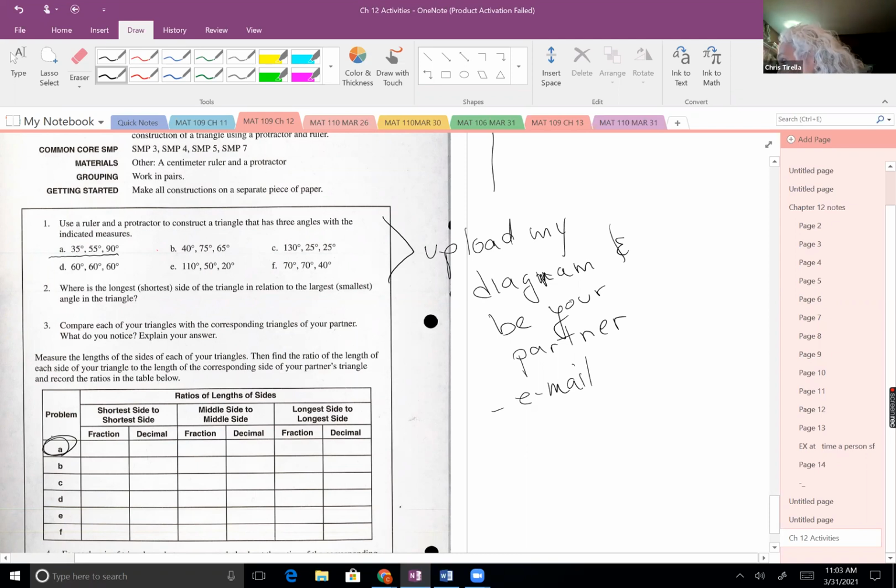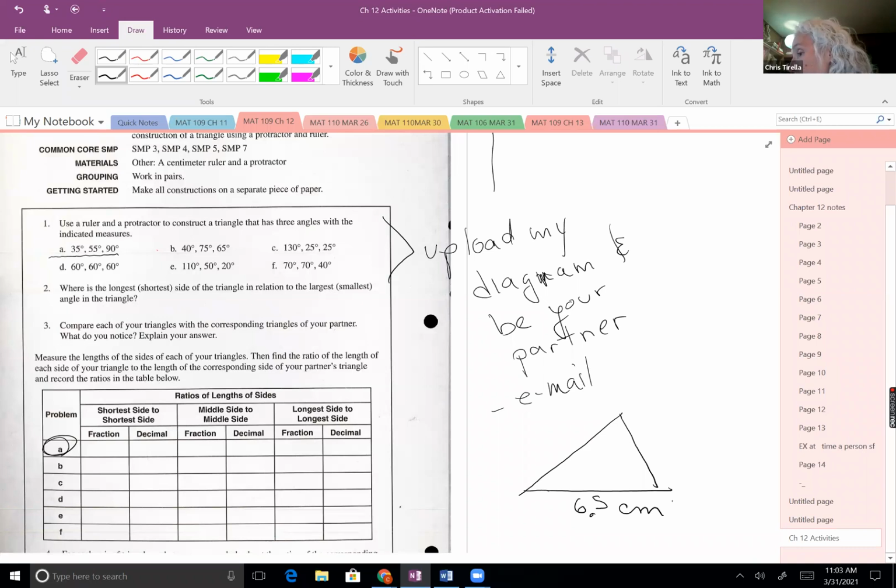Looking at triangle A, the person who sent me their triangles, I remember their longest side was 6.5 centimeters. Beyond that, I have to apologize, I don't remember.